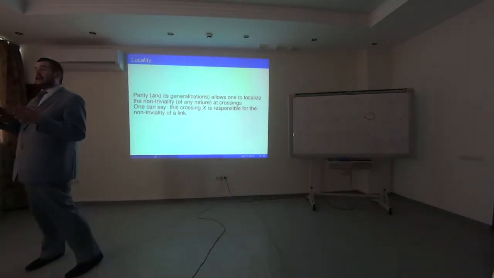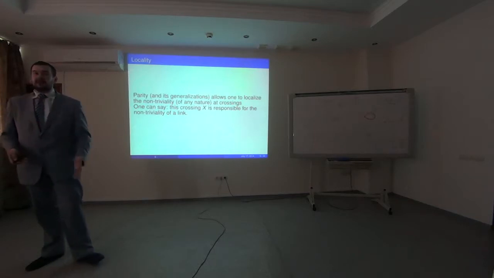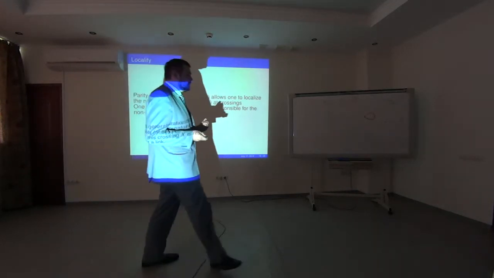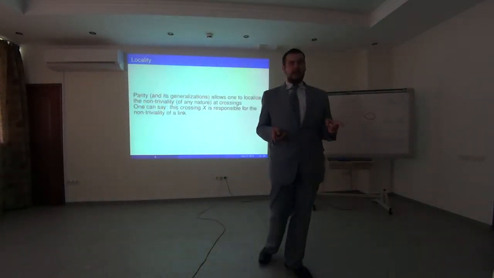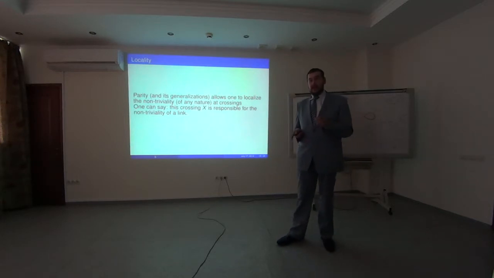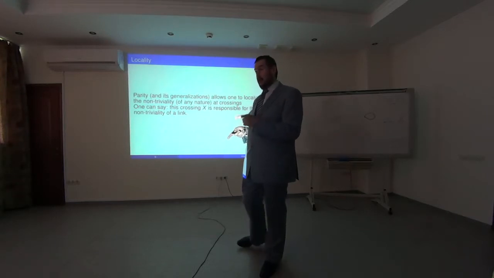I take a certain sum and I say here I put something, here I put something, modulo some relations corresponding to Reidemeister moves or any other similar moves. But now I want to say, look, this crossing is odd, and this crossing is responsible for the non-triviality of the knot. This crossing is locally non-trivial.